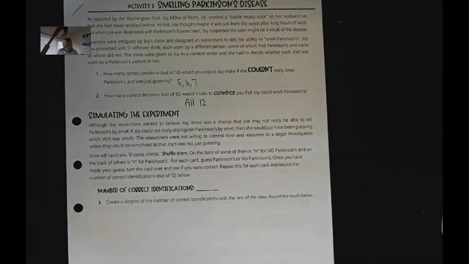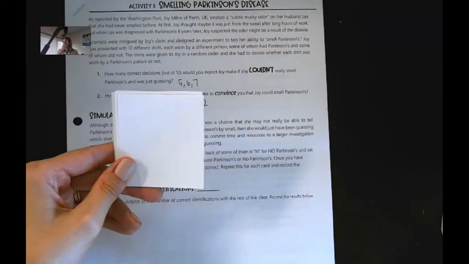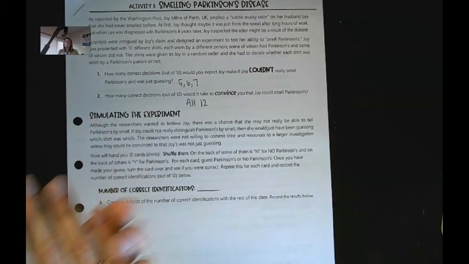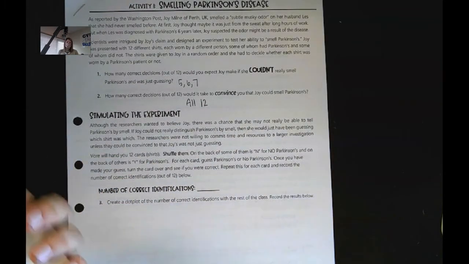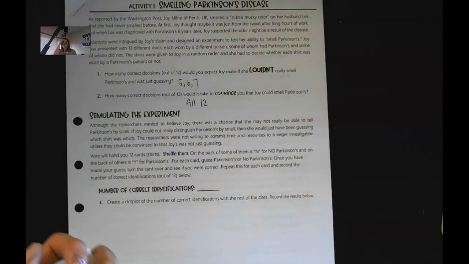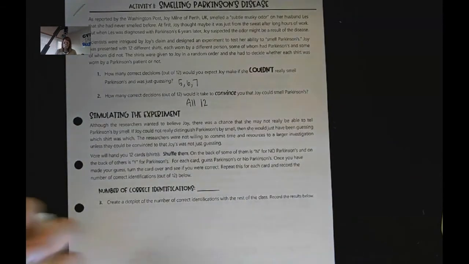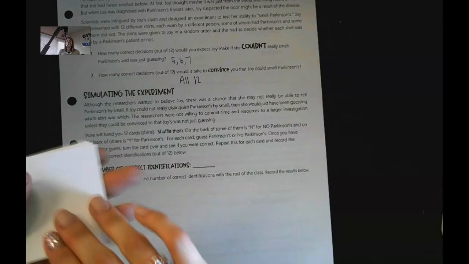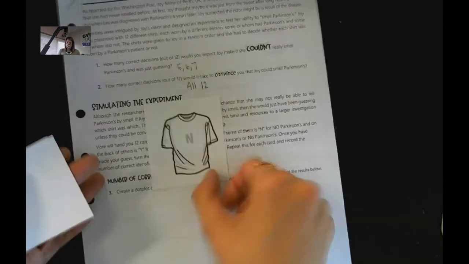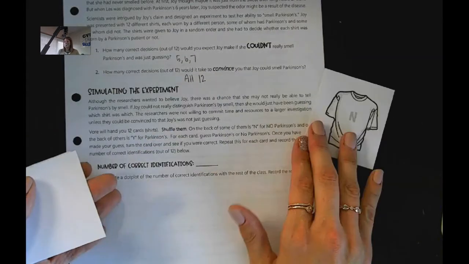Okay, so you're going to face them down away from you. And when you guess, I wouldn't look at it, because if you look hard enough, you'll be able to see what letter is there. So really try to be honest and not cheat. And what you're going to do is you're going to guess. You're going to say, okay, I think this person had Parkinson's. It's an N, so I didn't get that one right.